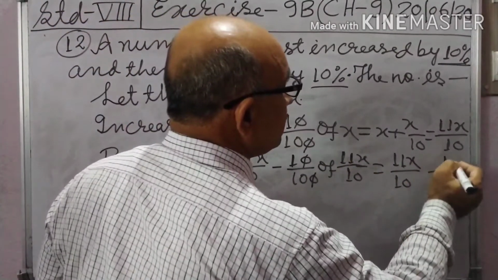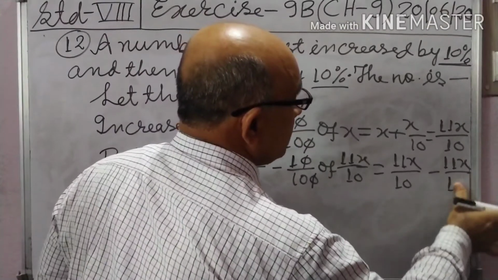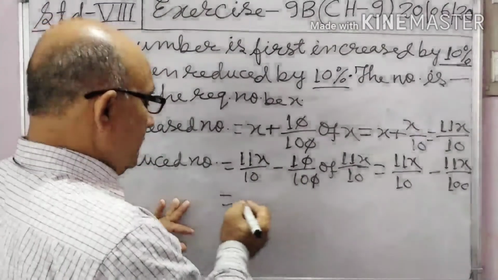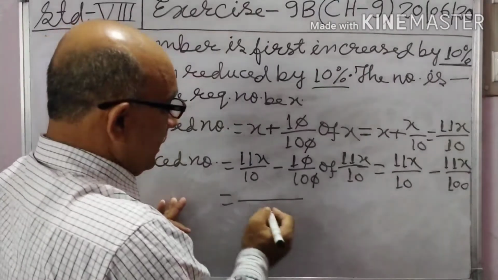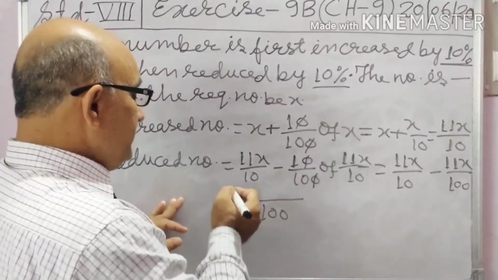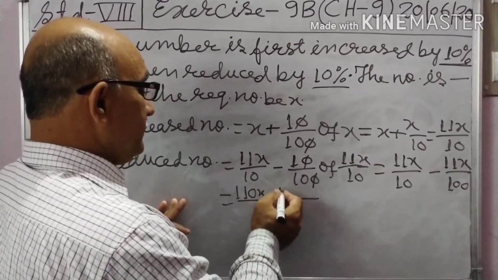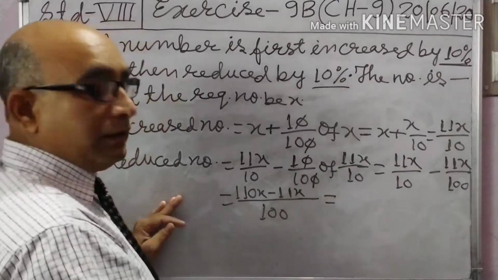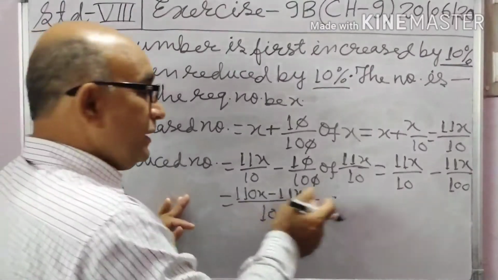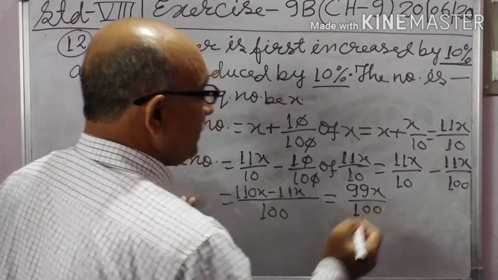Now 11x by 10 into 10, 100. Here the LCM of 10 and 100 is 100. 10 10s are 100, 11 10s are 110x minus 11x, equal to 110x minus 11x equal to 99x by 100.